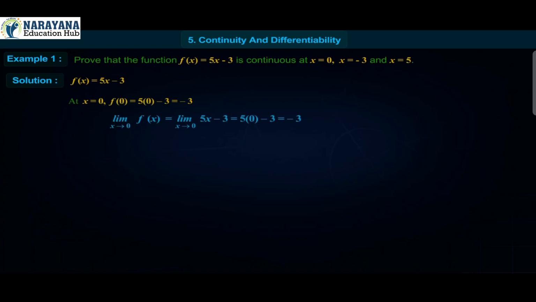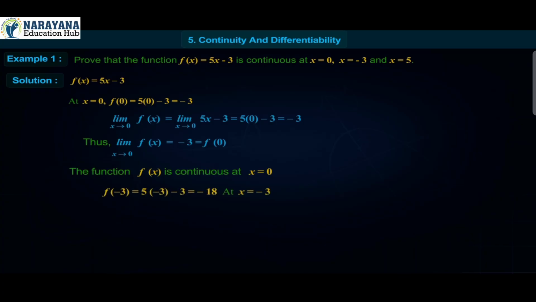Limit x tends to 0 of f of x is equal to limit x tends to 0 of 5x minus 3, which is 5 into 0 minus 3, equal to minus 3. Thus, limit x tends to 0 of f of x is equal to minus 3, which is equal to f of 0. The function f of x is continuous at x equal to 0.